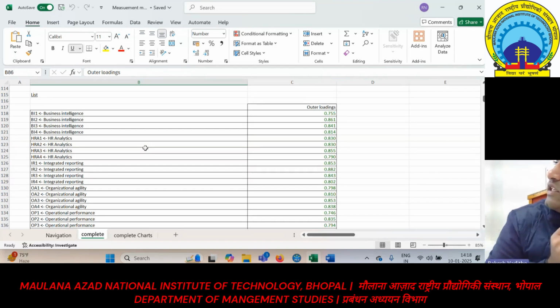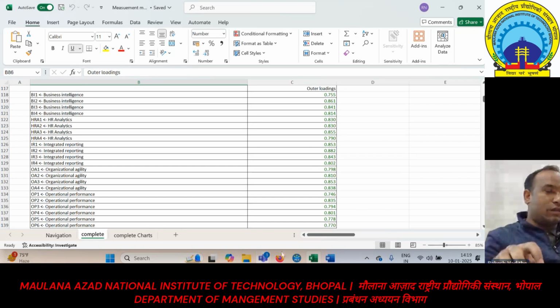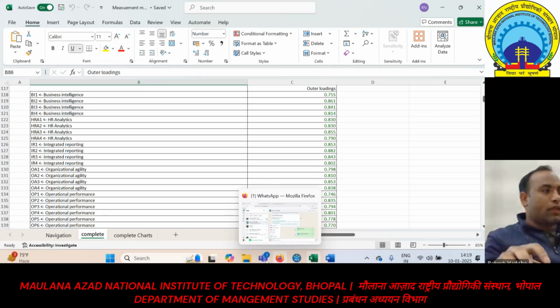For business intelligence 1, the factor loading is 0.755. For all, it is showing more than 0.75.